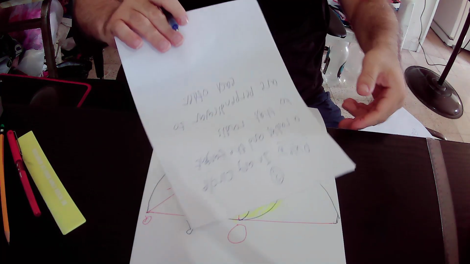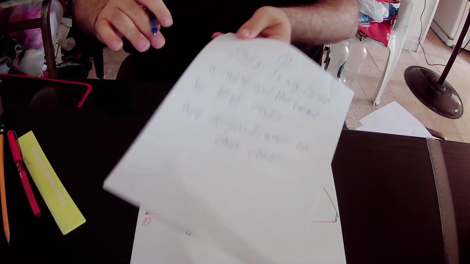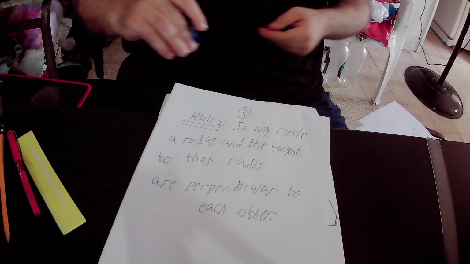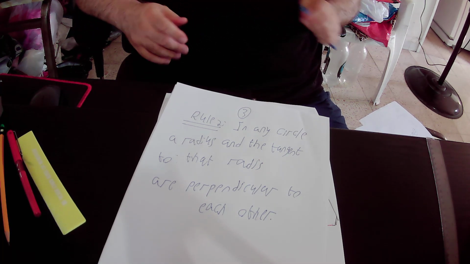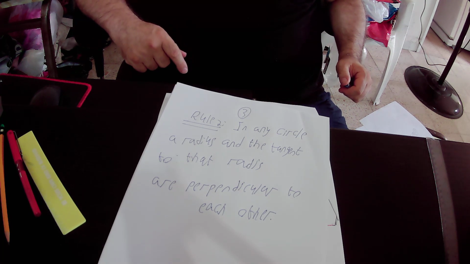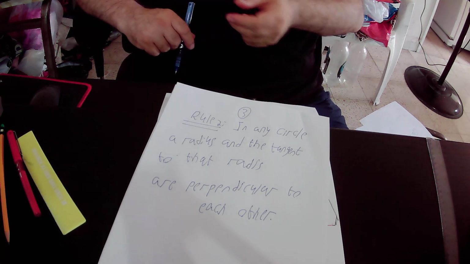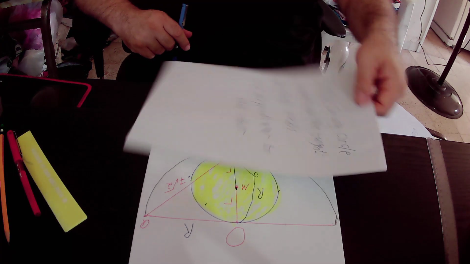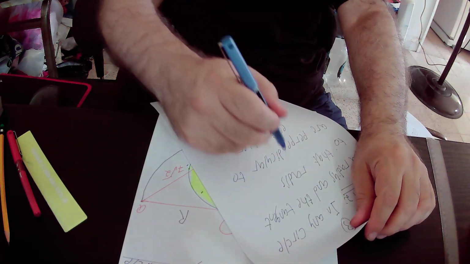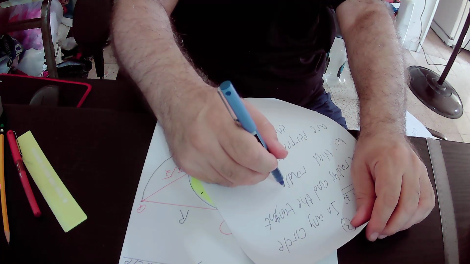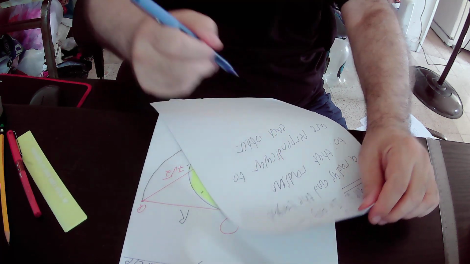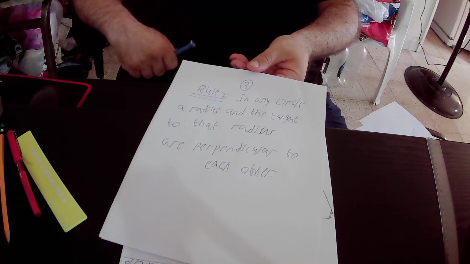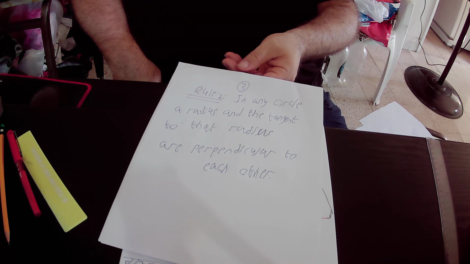I will read rule number 2 again. So actually rule number 2 states that in any circle a radius and the tangent to that radius are perpendicular to each other.